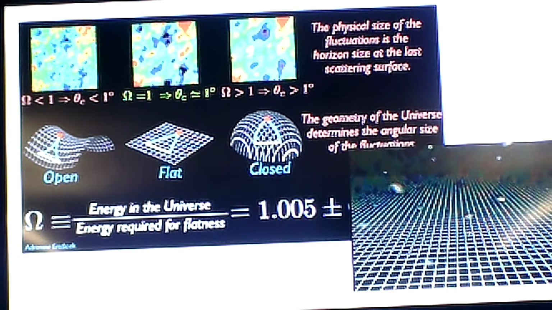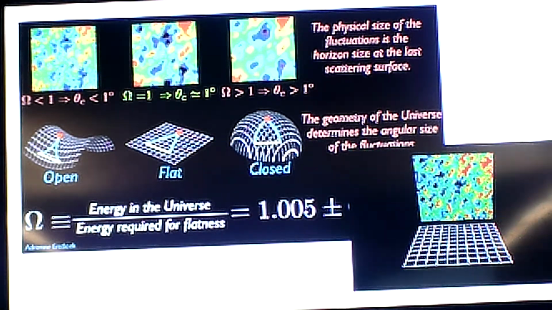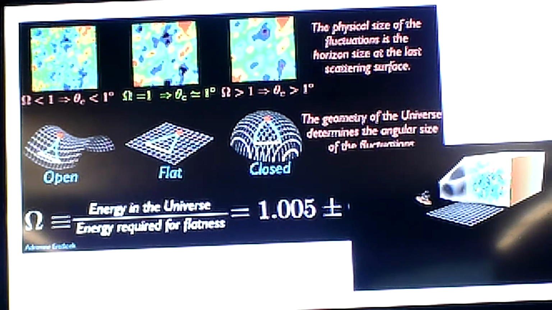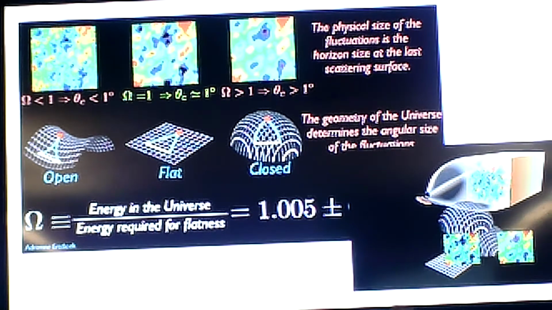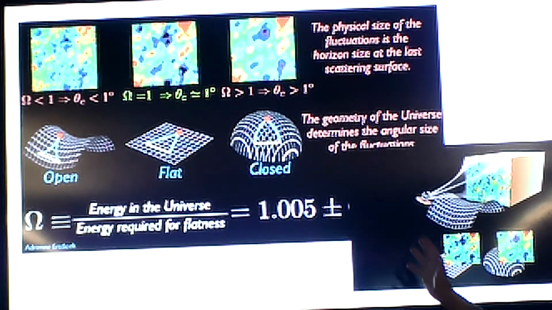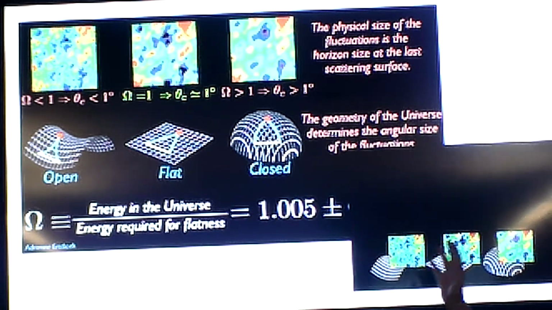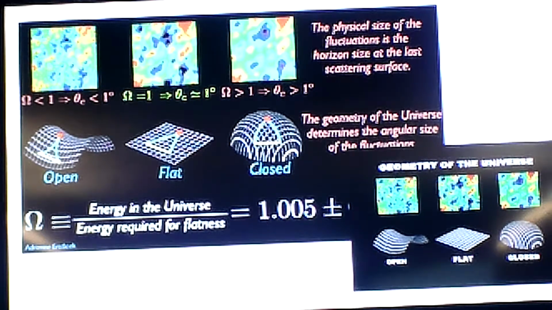Let me tell you what these fluctuations are. The microwave background is left over from the Big Bang, born 380,000 years after the Big Bang. If you point an instrument at the sky and you measure, the temperature looks virtually the same everywhere. Now, of course, we're not looking at stars now. We're looking at the glow of the leftover from the Big Bang. It looks the same everywhere, but a detailed inspection shows there are variations on a scale of 1 part in 100,000.